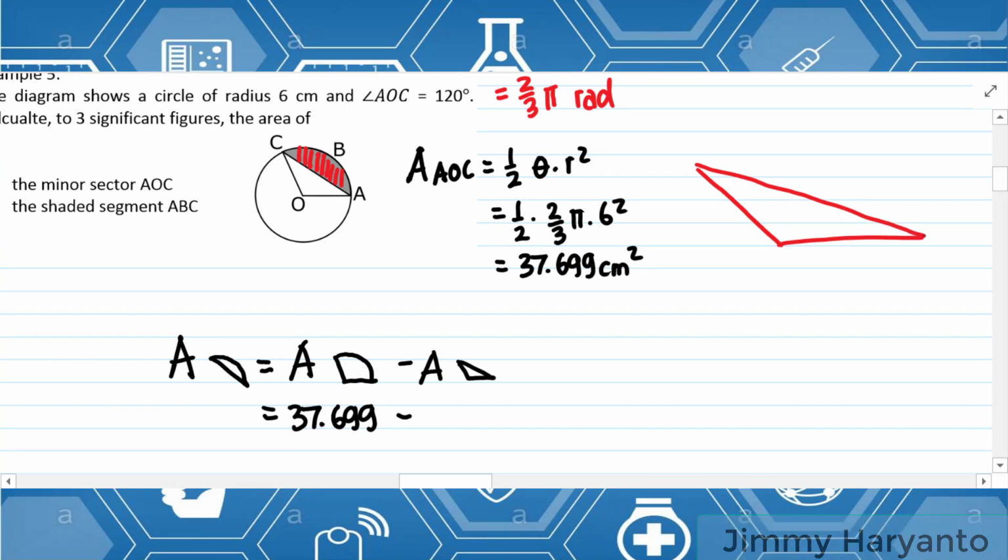Let's draw the triangle again. We have 120 degrees right here, but maybe we can use 2/3 pi radians, and the radius will be 6, and this one also 6. So we can use this area formula: half times a times b times sine theta.